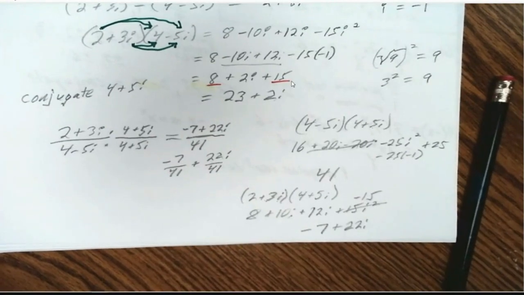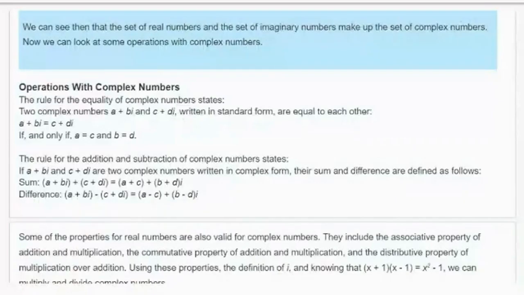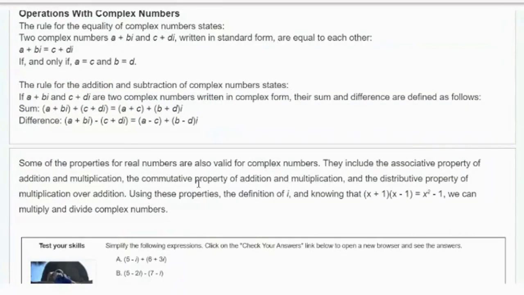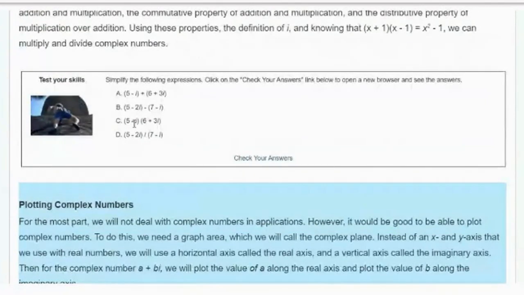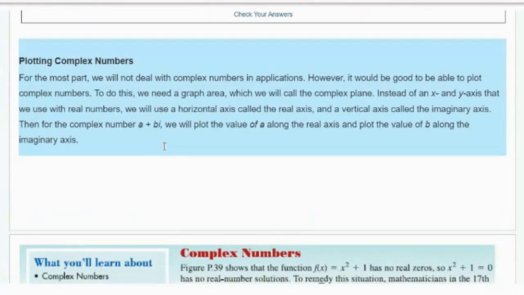And that's really what the second lesson is all about: operations with these complex numbers. You can add them, you can subtract them, and then it gets down to where you can also multiply and divide. And it does talk a little bit about plotting on a graph. You have to have a special graph because you have to have a vertical axis that's an imaginary axis. It's like a three-dimensional graph.